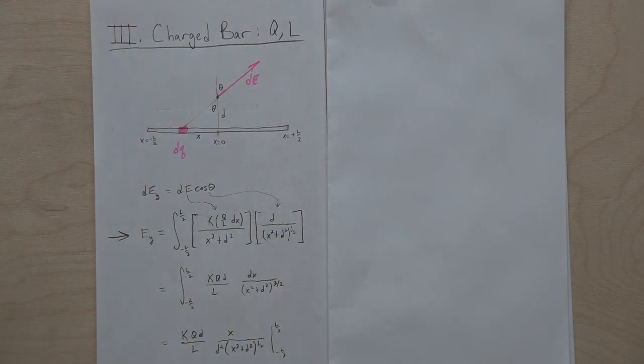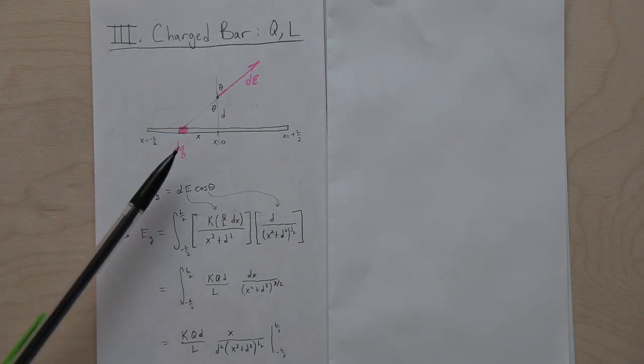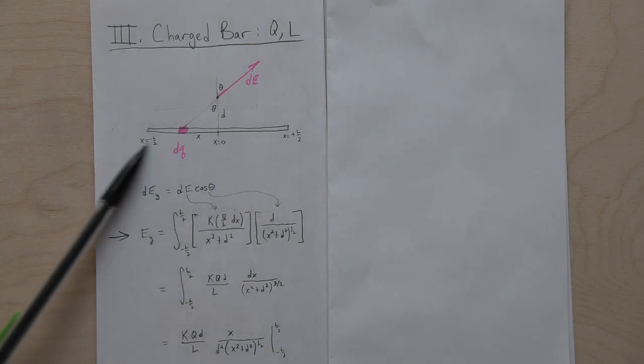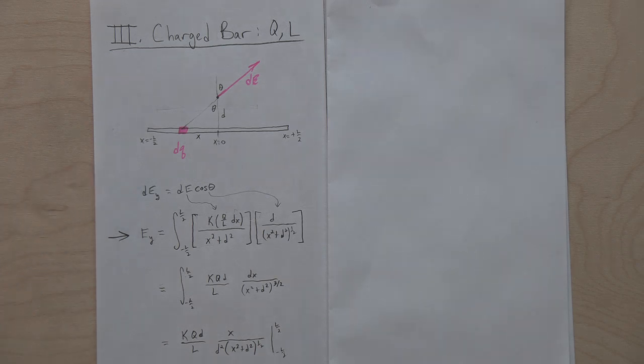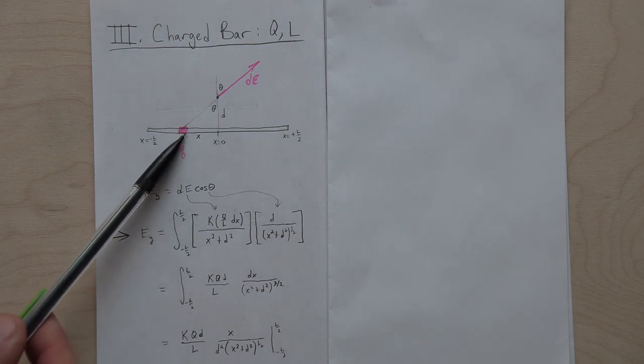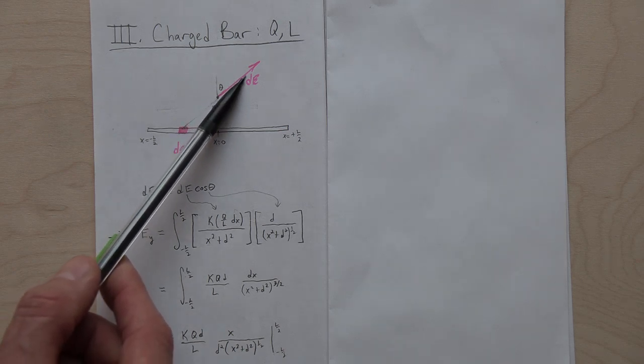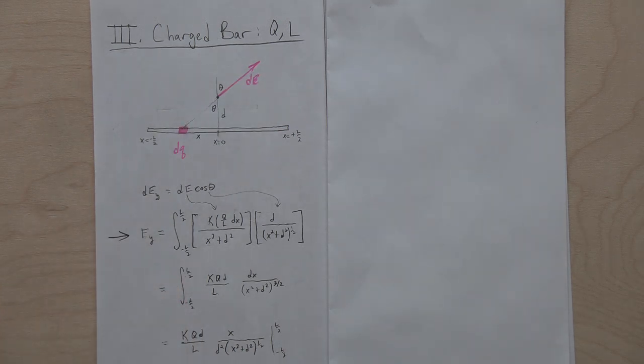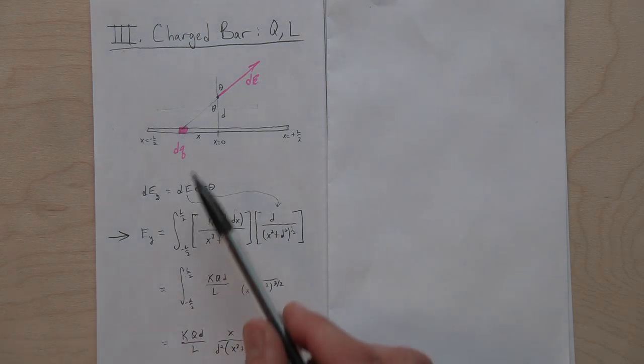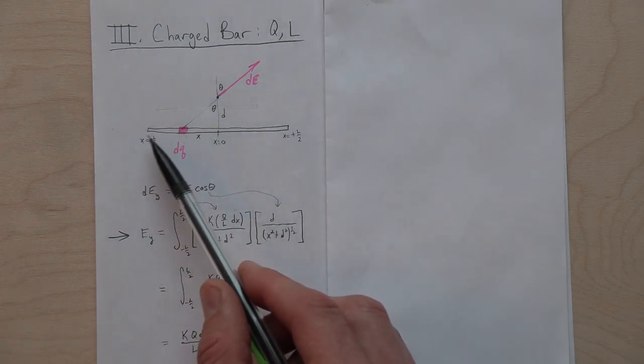Okay, so once again, we can use kq over r squared as long as we cut this bar up in our minds into little pieces that behave like single protons or electrons. So right here, this dq is a length dx, and it creates an electric field pointing directly away from it. Ultimately, we're going to have to add up all the electric fields of all the pieces of this bar.